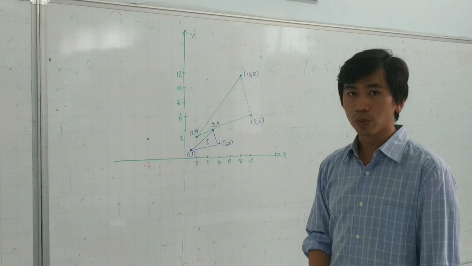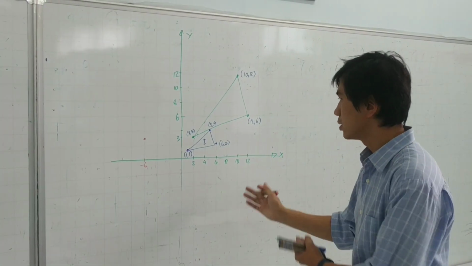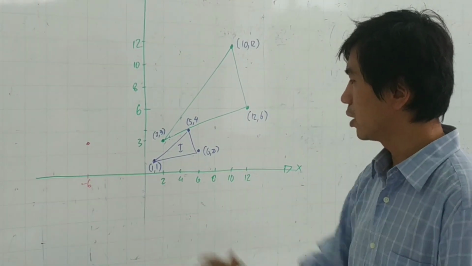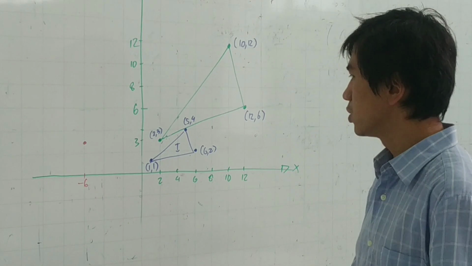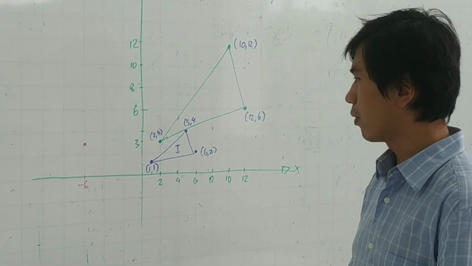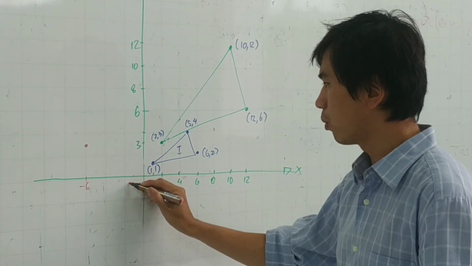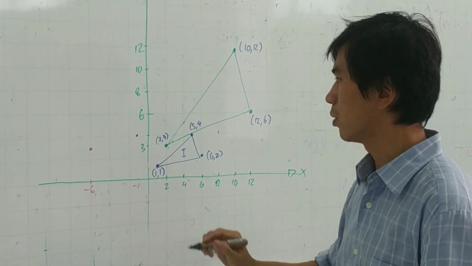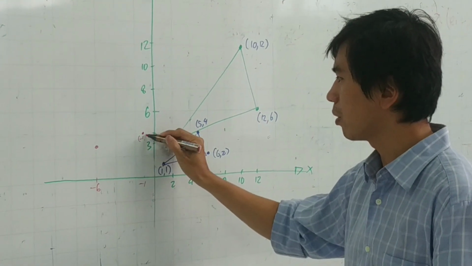6 comma 2. Since you have the shifting, the translation, it will be negative 1 comma 4. So there you have it, negative 1 comma 4.